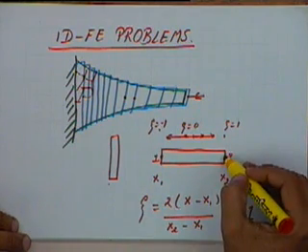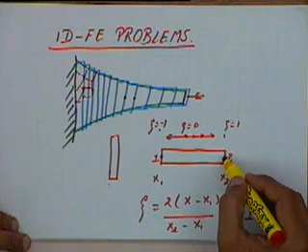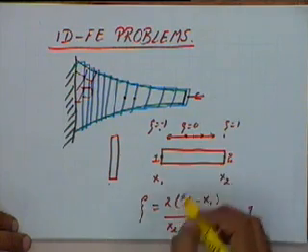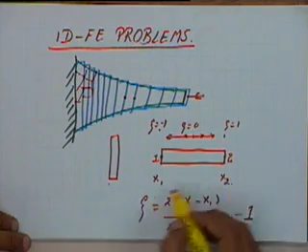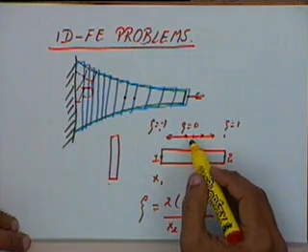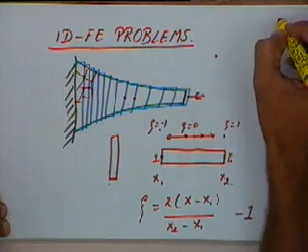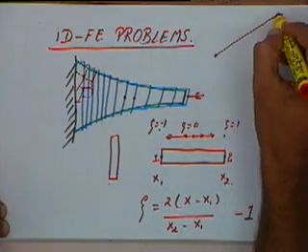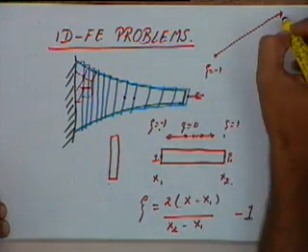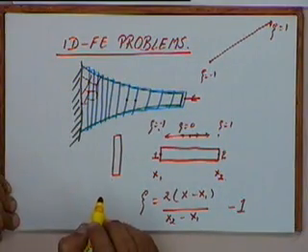At this point x is equal to x2, so x2 minus x1 will cancel out, 2 minus 1 gives plus 1. Similarly at the center, that is (x1 plus x2) by 2, we will get zeta equal to 0. So essentially zeta will be changing from minus 1 to plus 1 in a linear manner. Here we have zeta equal to minus 1, here we have zeta equal to plus 1.